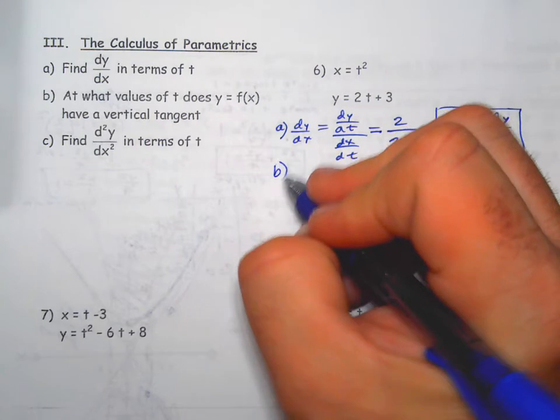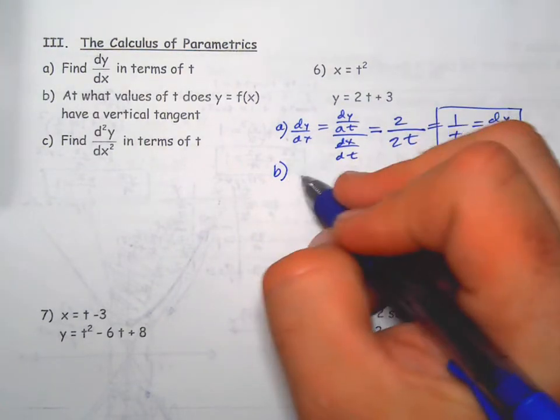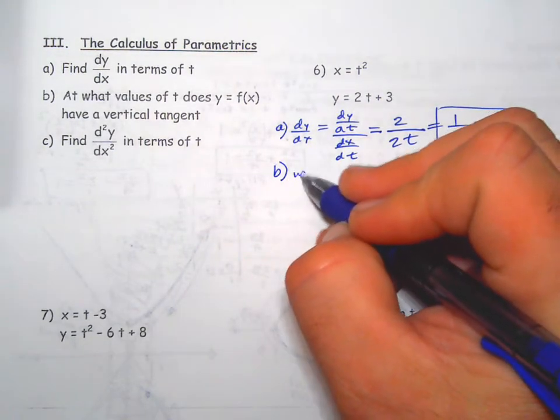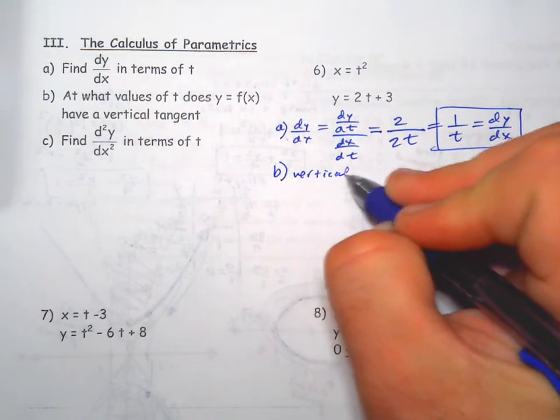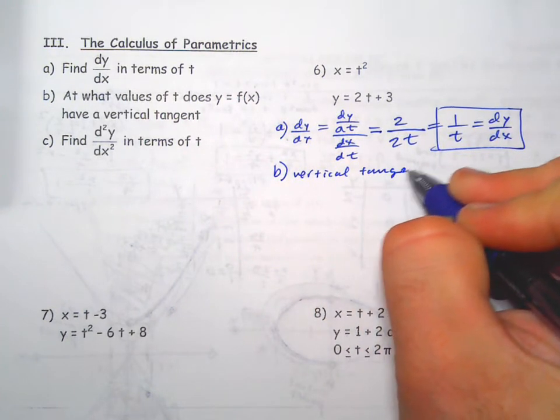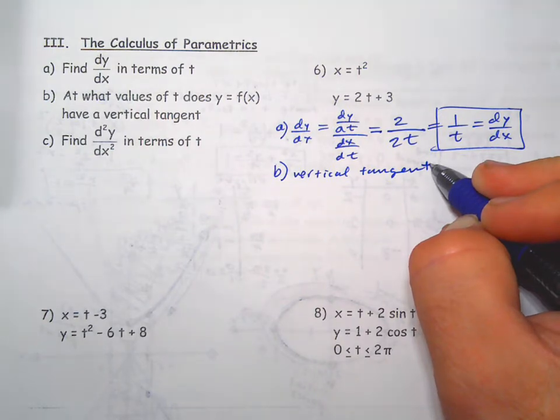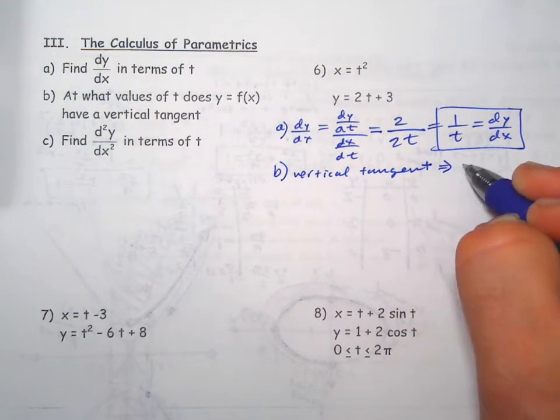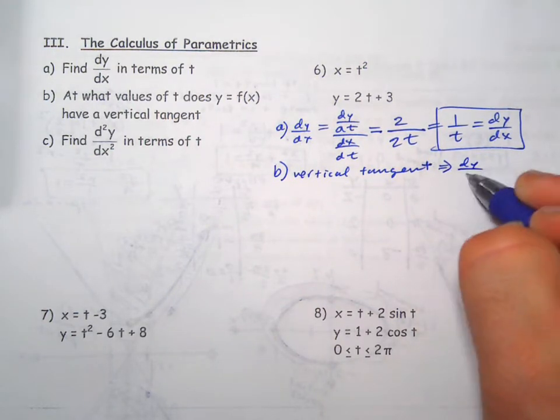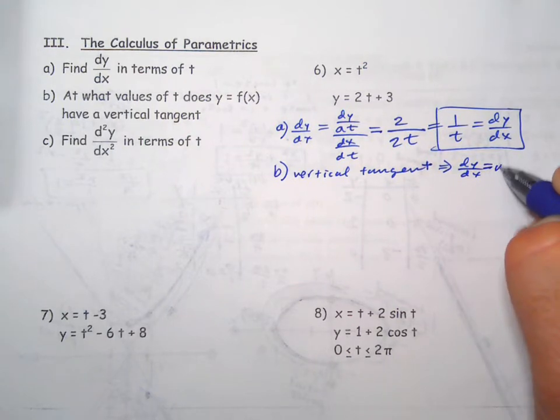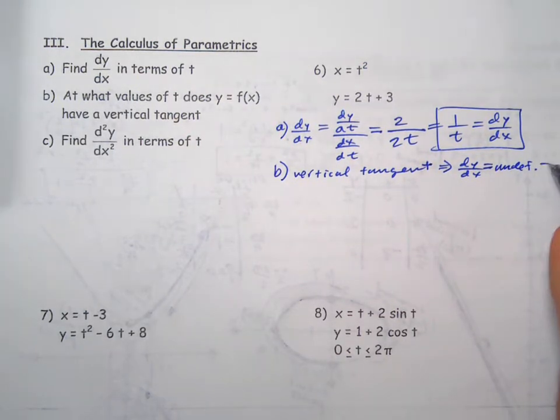Part B says figure out when it has a vertical tangent. So vertical tangent is when the graph is moving completely up and down. So that's going to be when dy dx is infinitely steep, undefined, which is going to come from dx dt in the denominator equaling 0.